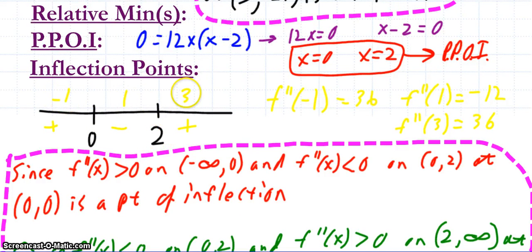So I make my chart, put in my possible points of inflection. I used -1, 1, and 3 for the second derivative. So f''(-1) is positive, f''(1) is negative, f''(3) is positive. So I put those in, positive, negative, positive, and now I see that I have an inflection point at 0 and an inflection point at 2.